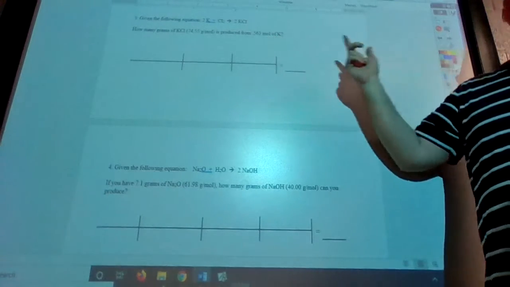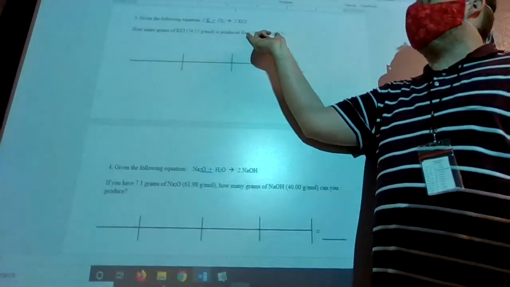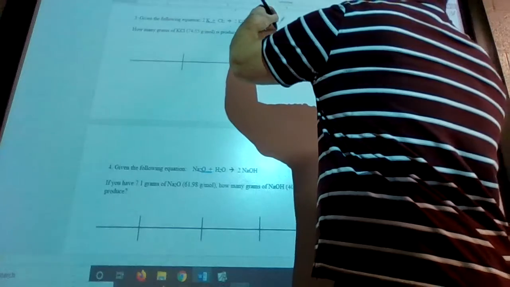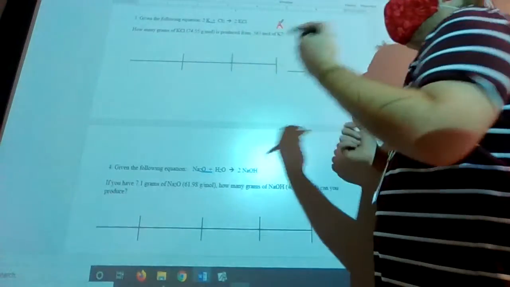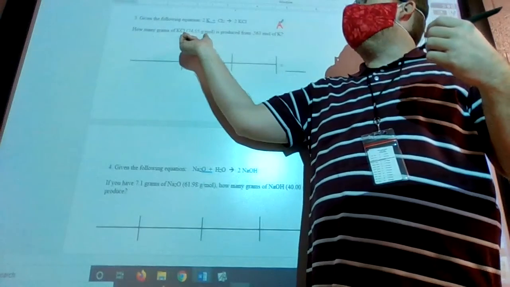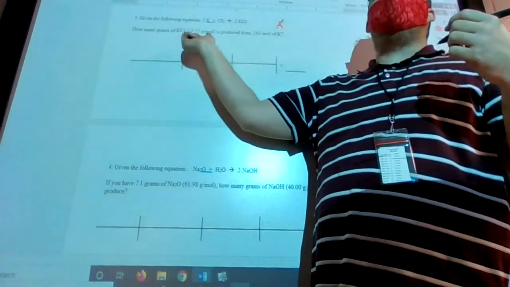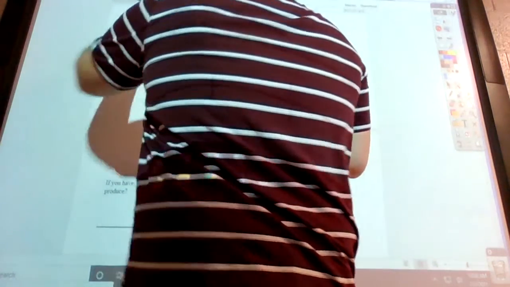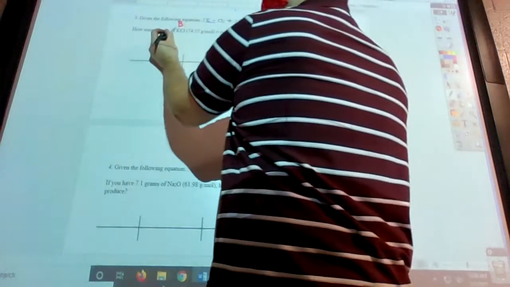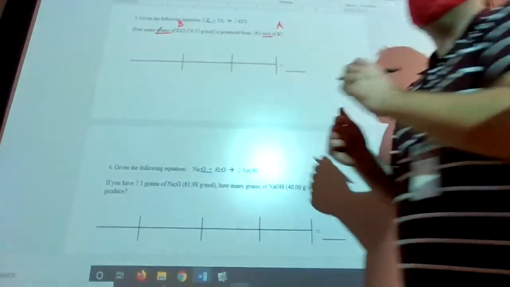Yes, it's K. K is going to be my chemical A. So the number they give me to start off with is this 0.563 moles of K. And then what they're asking me for, how many grams of KCl, which they give me the molar mass for, which is nice. I don't have to look that up. So KCl is going to be B. And I'm going from moles of A to grams of B.